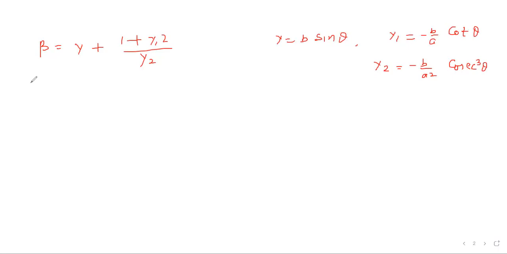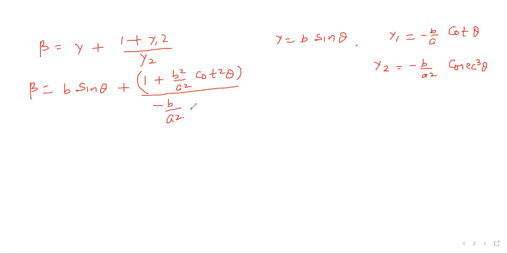We can put these values here. So beta equal to b sine theta plus (1 plus y1 square, that is b square upon a square times cot square theta) whole divided by y2. Y2 will be minus b upon a square times cosec cube theta.